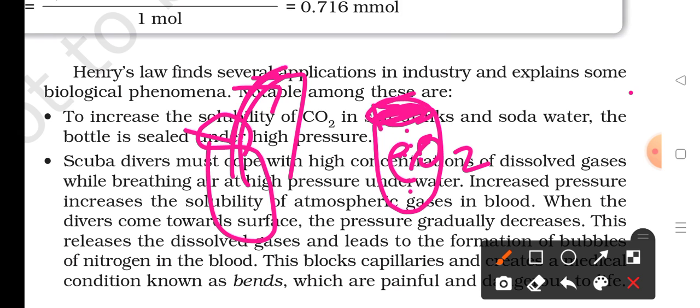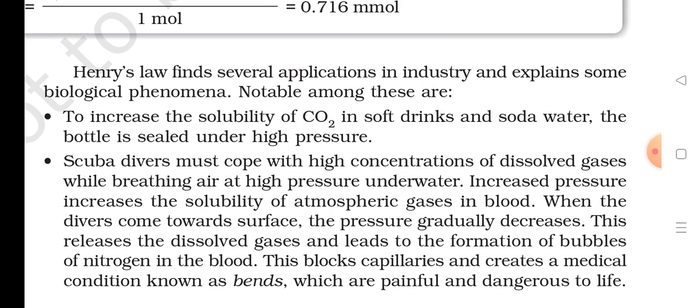So they add some pressure and tightly seal that bottle. Whenever you open it up, the CO2 gas suddenly moves out. That's why we need Henry law to seal the bottle, to increase the solubility of CO2 in soft drinks.